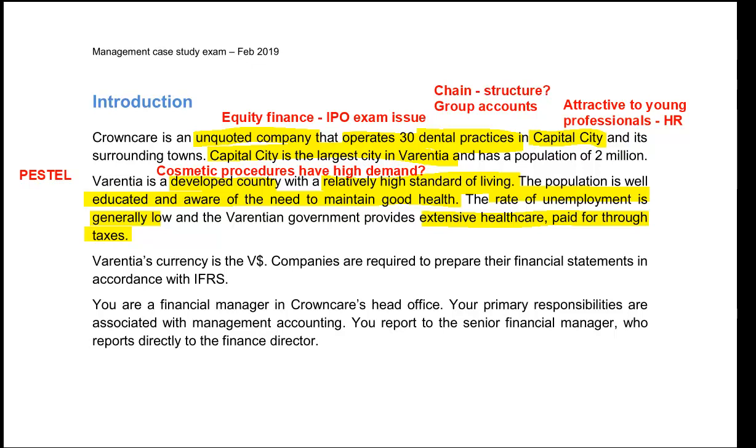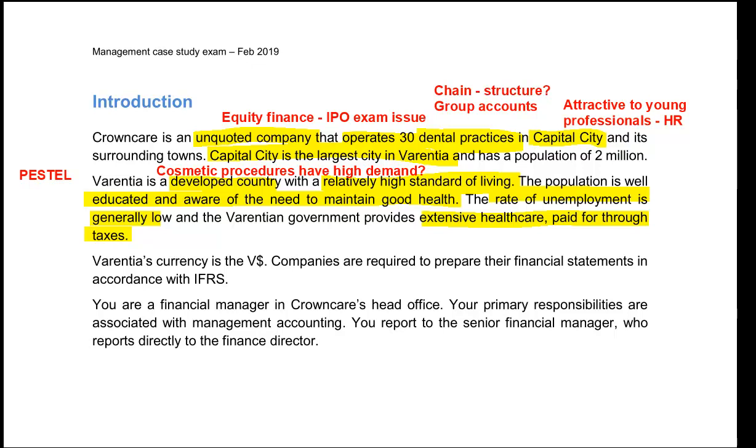So typically people are going to have the resources to pay for, say, cosmetic procedures or perhaps for private dentistry. And of course, socially, there's going to be this emphasis on good health. People know about it and they're well educated on it. And this typically means that people are going to go to the dentist.